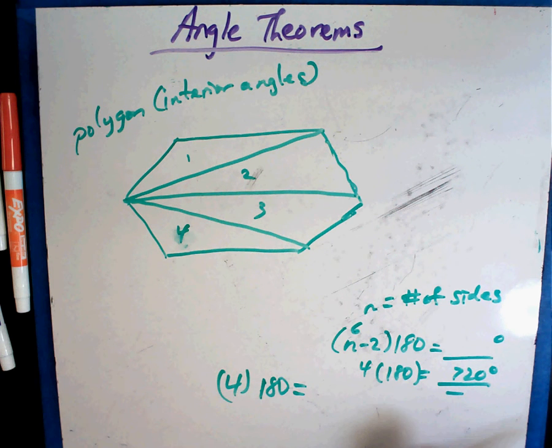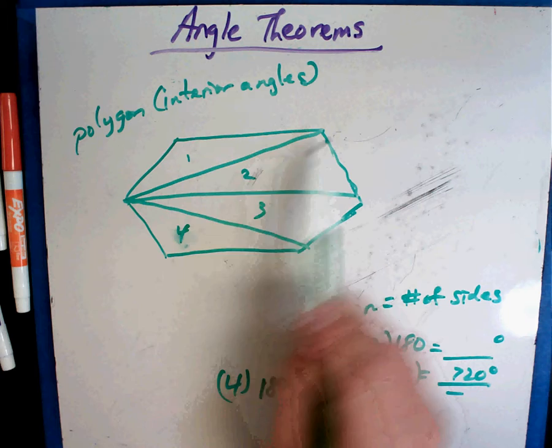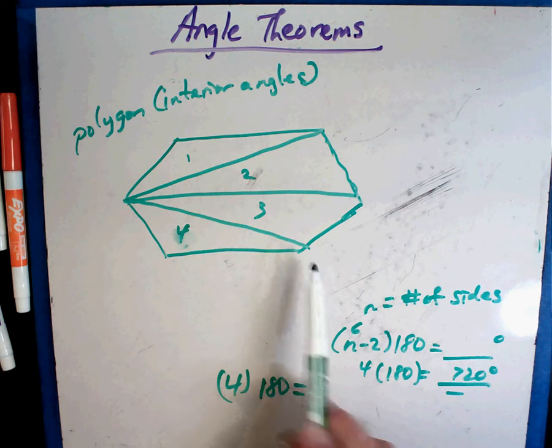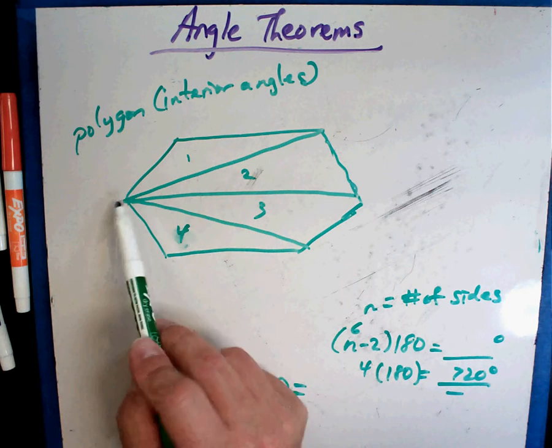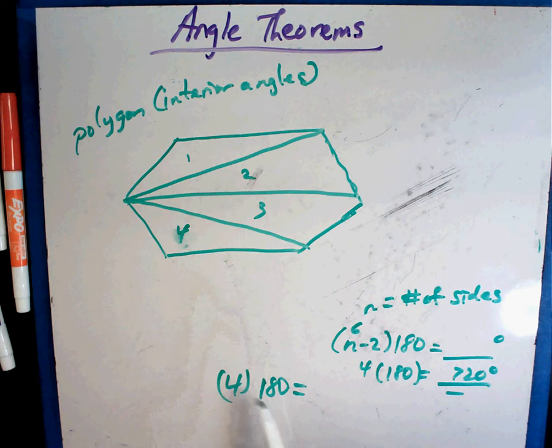So it works either way. So if you didn't remember the formula, something minus 2, go from one vertex, draw all the triangles to all the other vertices that you can see across from it, so you can't draw the one that's already drawn. So you have 1, 2, 3, 4, and I know triangles are 180 degrees, you'll end up getting the same answer. So that one's a pretty cool one, knowing that a triangle is 180.